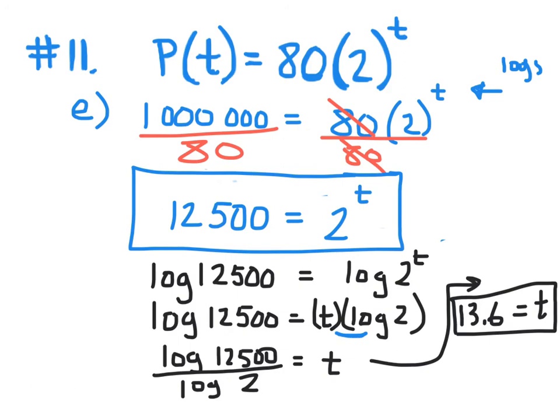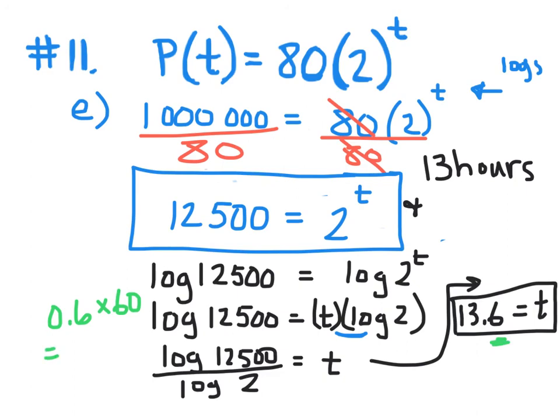Now, I'm not sure if the back of the book rounds that to the nearest hour, but if I wanted to round that to the nearest minute, just understand what that means. It means 13 hours, and it doesn't mean 60 minutes. It means 13 hours, and I'm going to take that 0.6 and multiply it by 60, because this 0.6 is in hours.